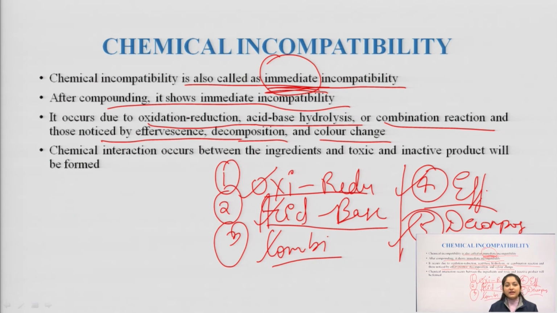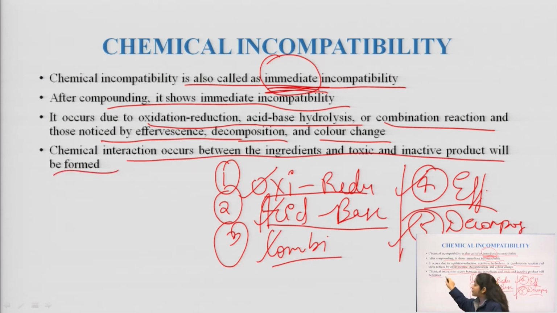So, it can be anything. Now, chemical reaction occurs between the ingredients and a toxic or inactive product is going to be formed. Here I would like to be more precise: whenever chemical incompatibility occurs, sometimes the activity of the finished dosage form decreases, or sums up to be 0, or sometimes completely inactive products are formed.